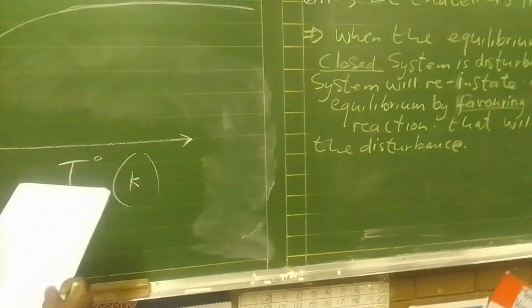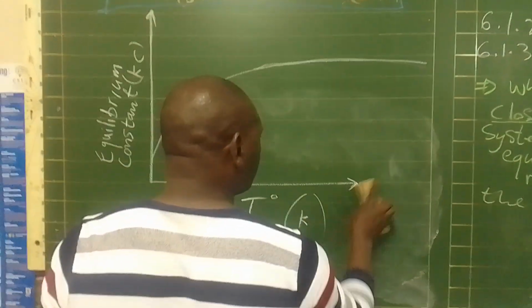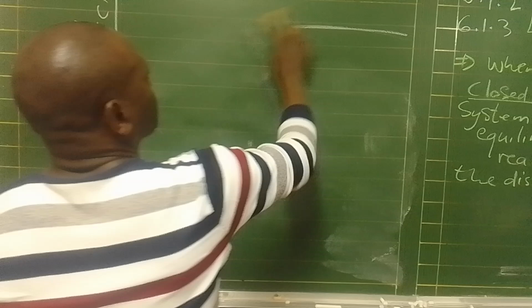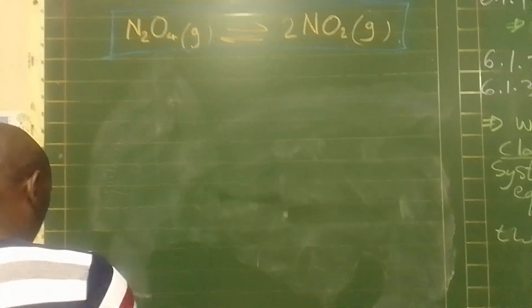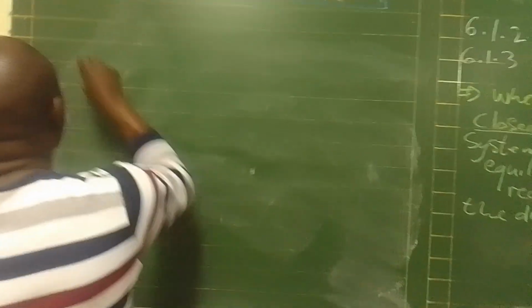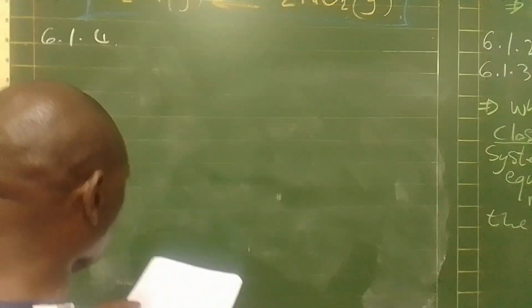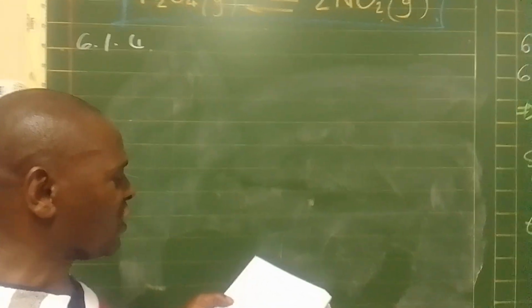Right, the question that follows is 6.1.4. It reads as follows: is the forward reaction exothermic or endothermic?